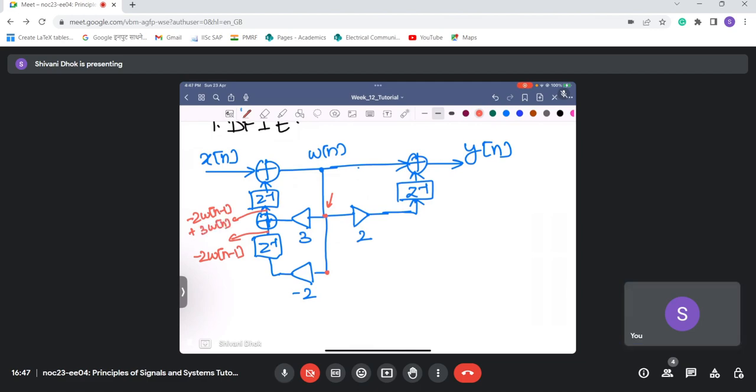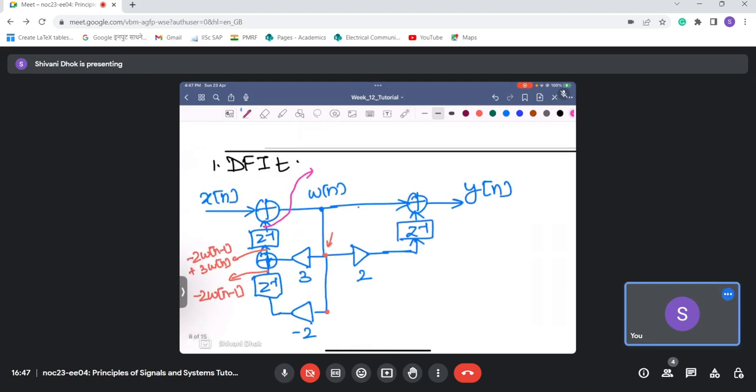Now at this point here, what will I get? Let me use some different color. This entire thing is getting delayed by 1 unit, so it will be minus 2 times wn minus 2 plus 3 times wn, and this gets added with xn.